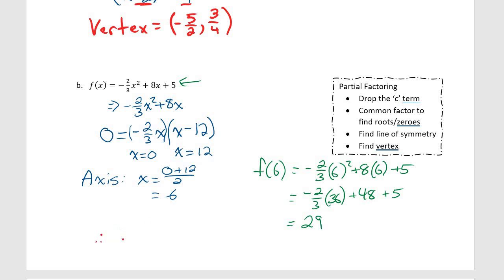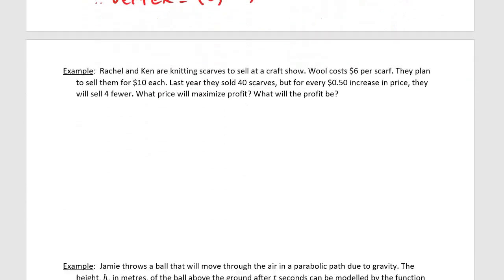So therefore, our vertex is (6, 29). So two ways. Make sure you understand how to complete the square, and then if partial factoring appeals to you, then that's an option as well. Moving on for today.